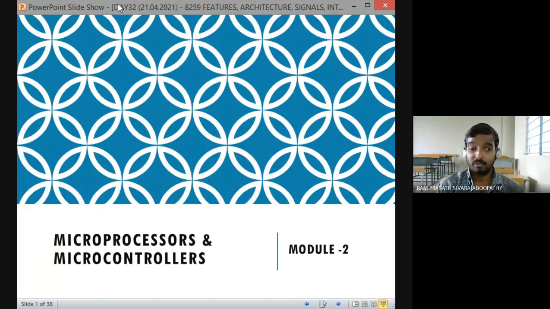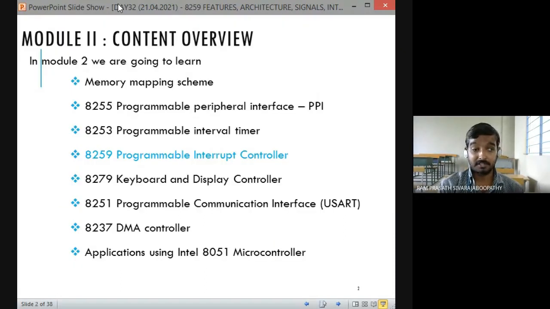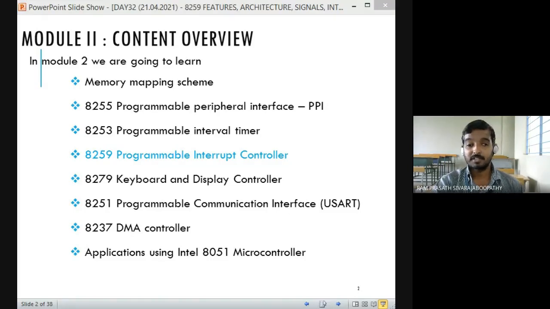Okay, so far in module 2, what are the things we have discussed? On seeing this slide, you can tell.